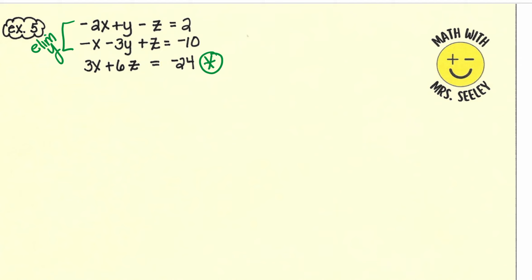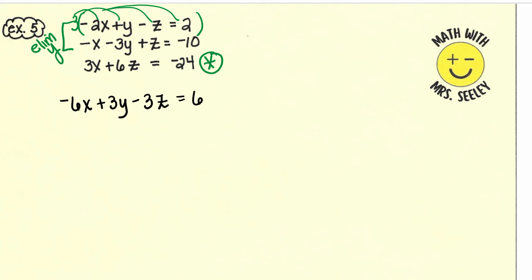So if that's negative 3, I need to multiply this top by a positive 3. So 3 times negative 2x is negative 6x. 3 times y is 3y. 3 times negative z is negative 3z. And 3 times 2 is equal to 6.